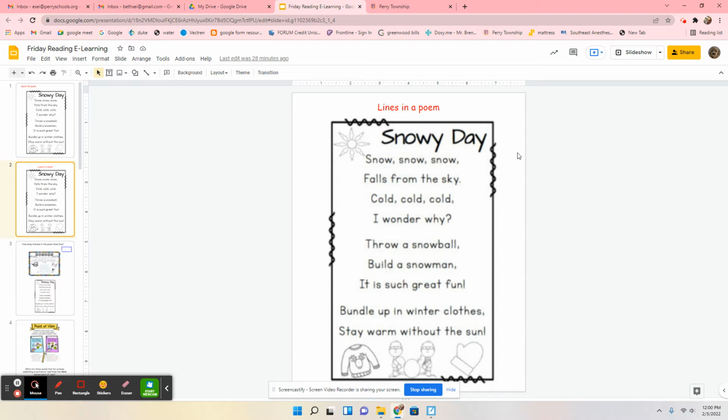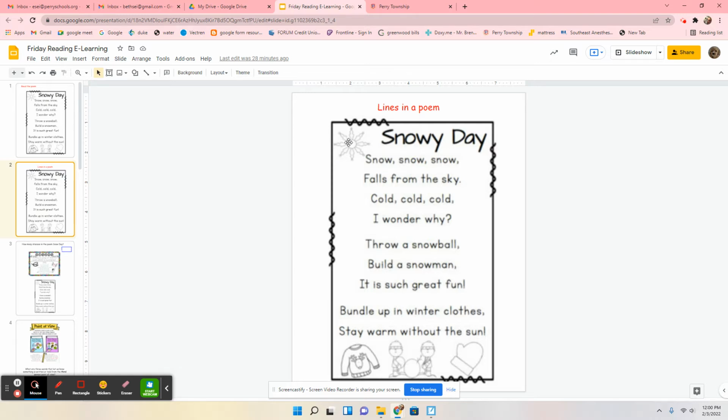All right, so you read the poem Snowy Day. There are lots of different things that we can identify in poems, and one of them are the lines in poems. So the lines are all of the different sentences or parts of sentences that we see when we are reading a poem.